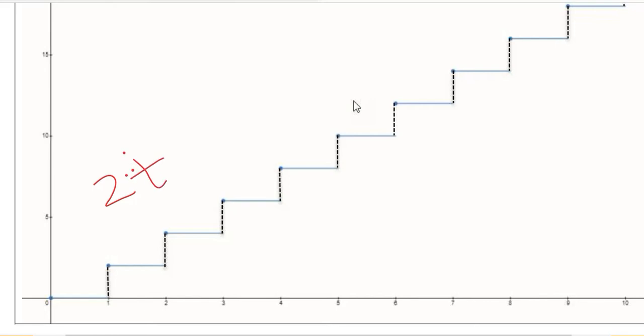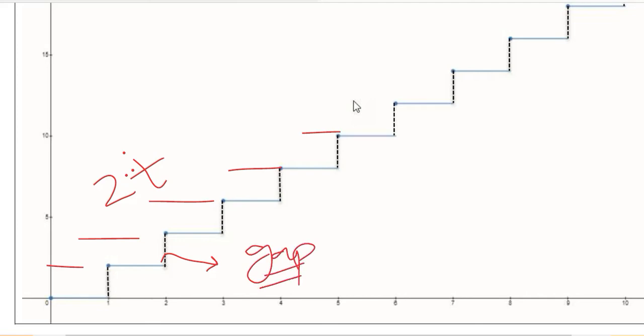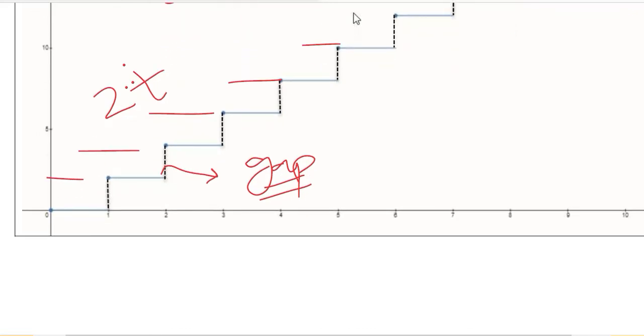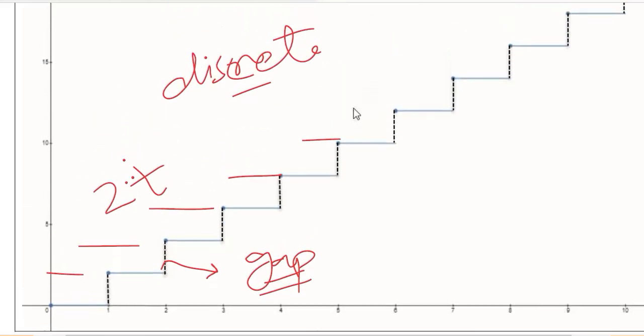So you see twice it is becoming 2, 4, 6 and so on. So these dotted lines show that there is a gap, and gap is an identification of a discrete variable or a discrete function. So it is fulfilling its requirement of being discrete, and you can see that it is moving equilibrium. It is moving upwards to the higher level of y, that is on y-axis.